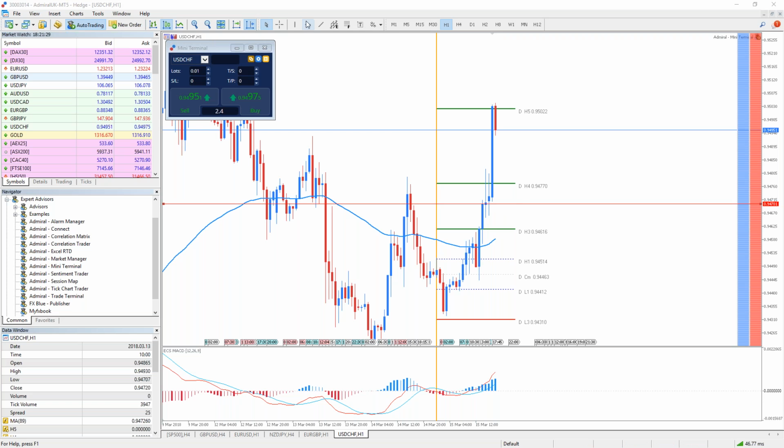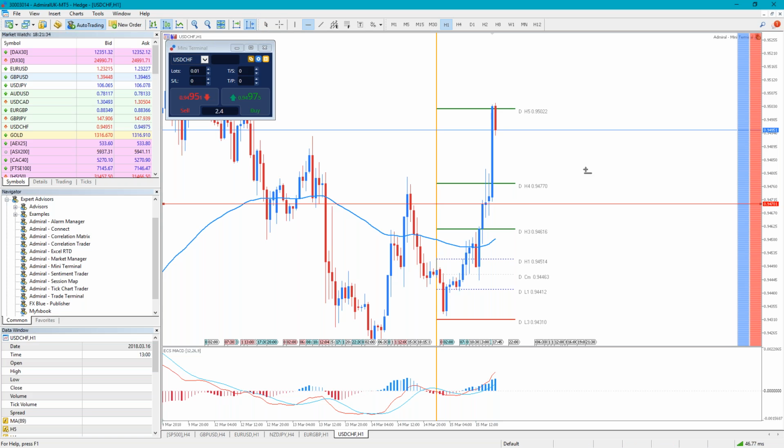The zone that I had today for the dollar Swiss buy trade was between 94.60 and 94.70, so it was a 10 pip buffer. I always trade with a 10 pip buffer zone. So my first entry is 94.70, but my second entry was made when price dropped a little bit into this territory. I usually go with 5 pips in between.